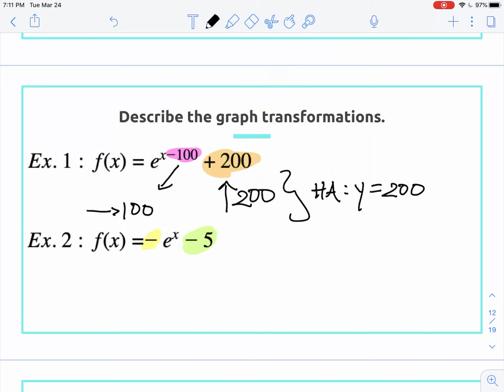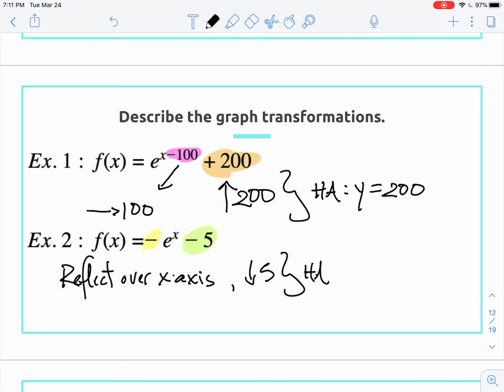This negative in the front is going to reflect over the x-axis, and this negative 5 at the end is going to move the function down 5, and that will move the horizontal asymptote to be at y equals negative 5.